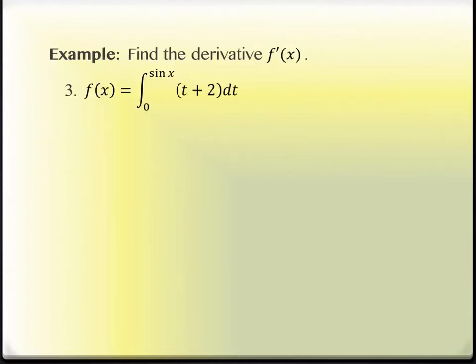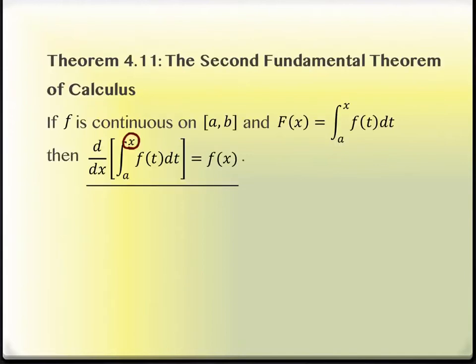Over here, however, it says that the upper bound of your integration is actually not just x, it's a function of x. Does that make sense? It's sine of x. So what I'd like to do is do this problem out sort of longhand so you can see what it would actually be. And then I'm going to show you the shorthand caveat to this particular one right here.